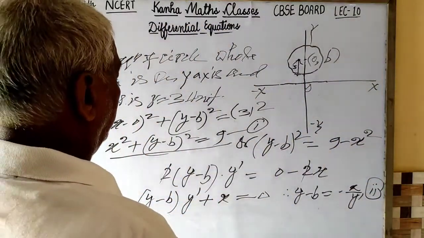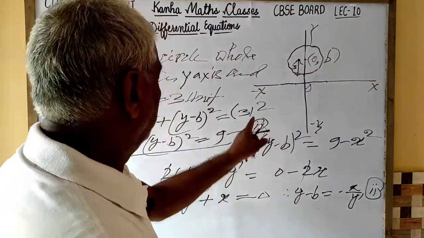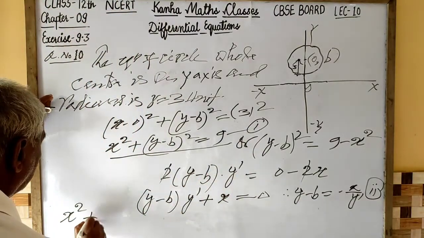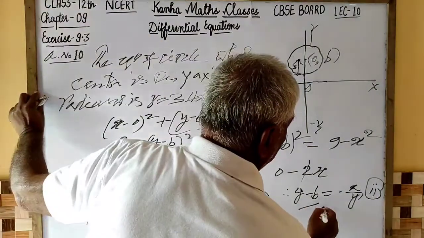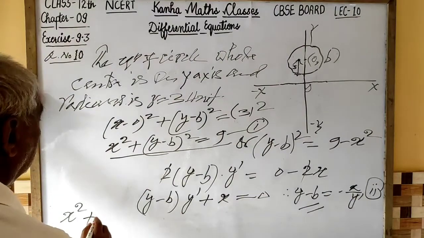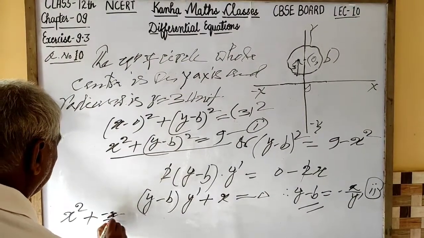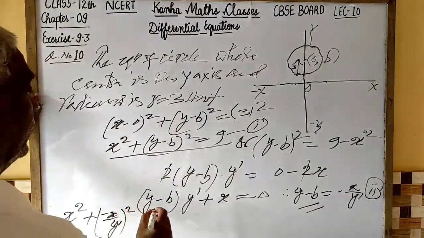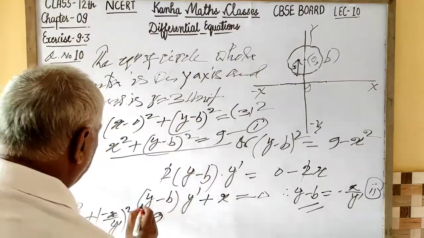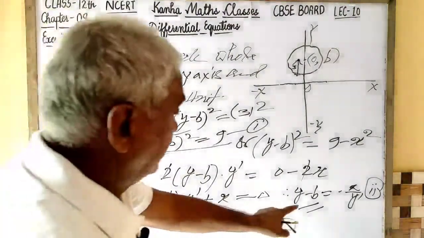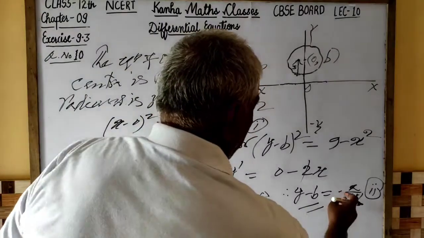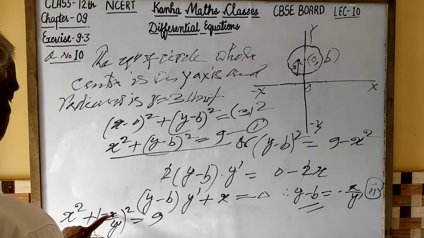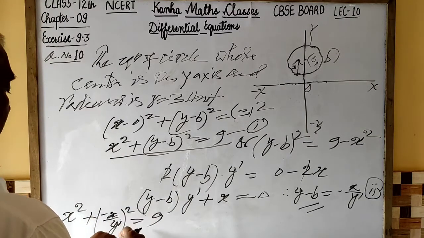If you substitute the value of y minus b from 2 in 1, we will get x square plus minus x by y dash whole square is equal to 9. This will become x square plus x square upon y dash square is equal to 9.